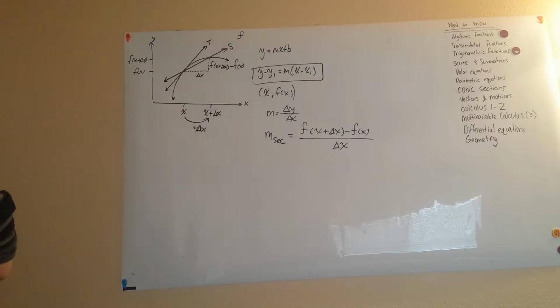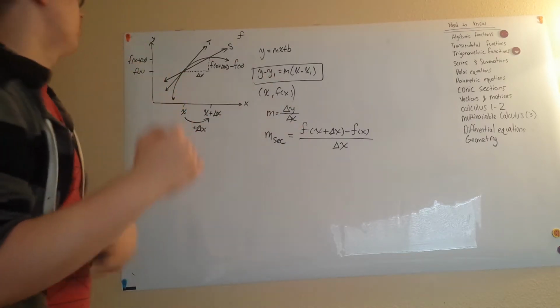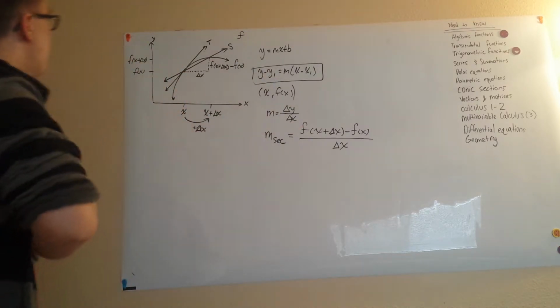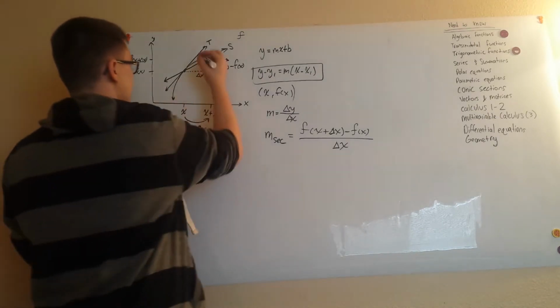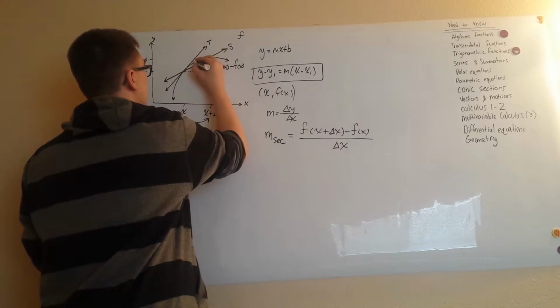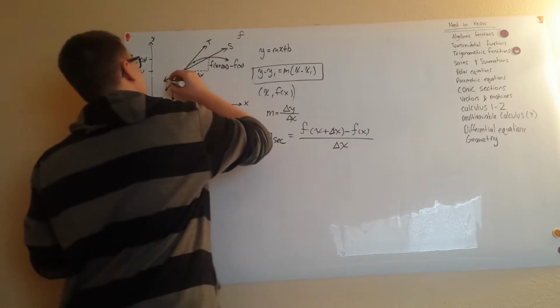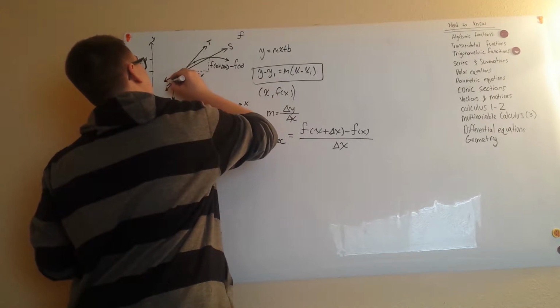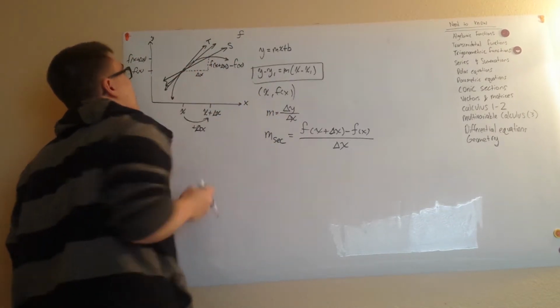How can we make the slope more accurate to the tangent line? More closer. Well, we can move the point closer. Now if we do it, we get a more accurate slope, right?